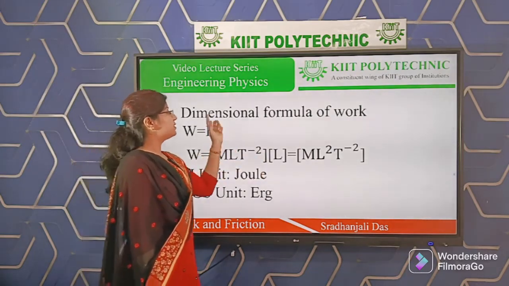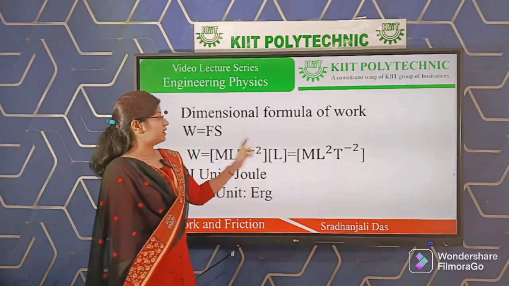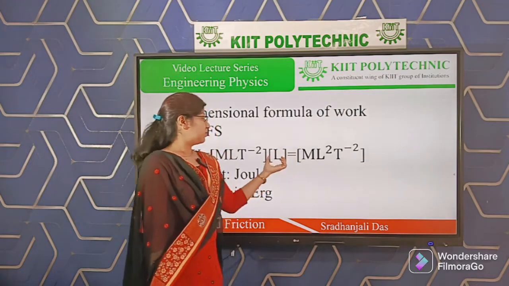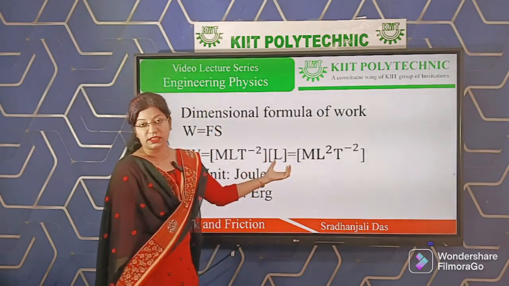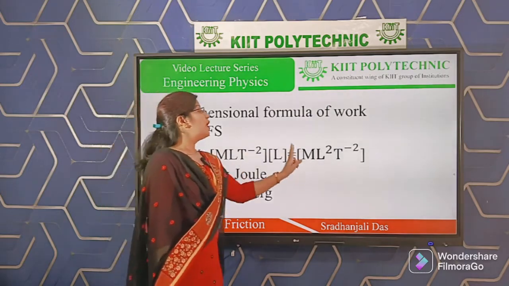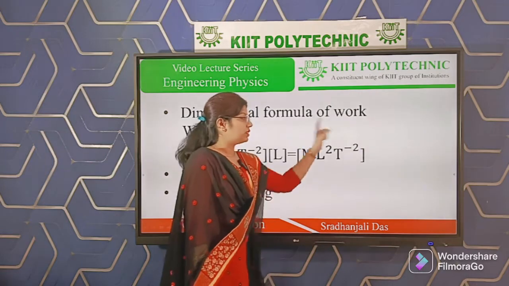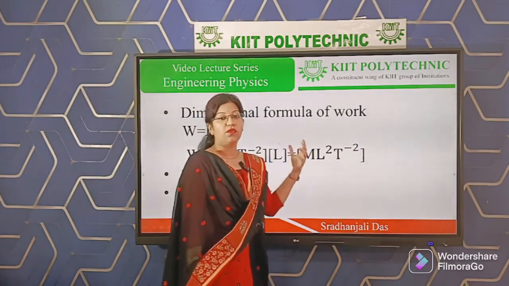Then we put the dimensional formula of displacement. As distance and displacement is a fundamental quantity, it simply represents length. Finally, the dimensional formula of work is M^1 L^2 T^-2.